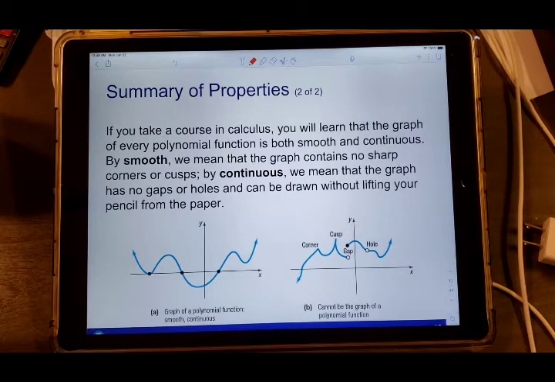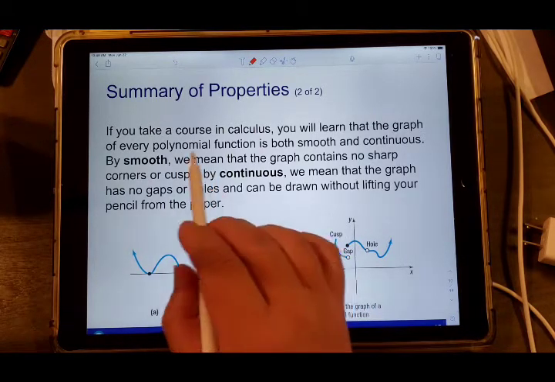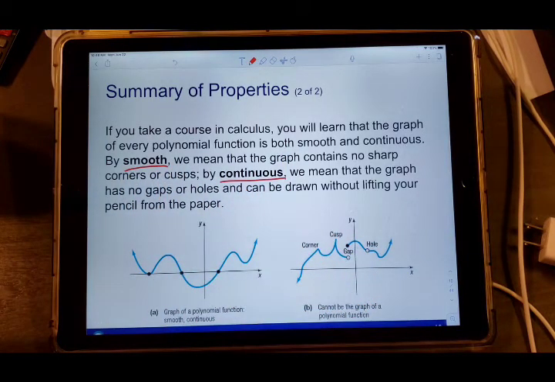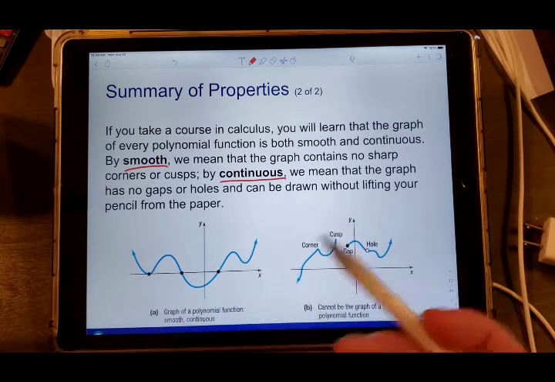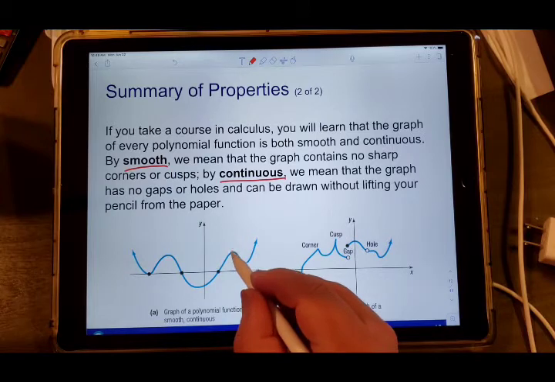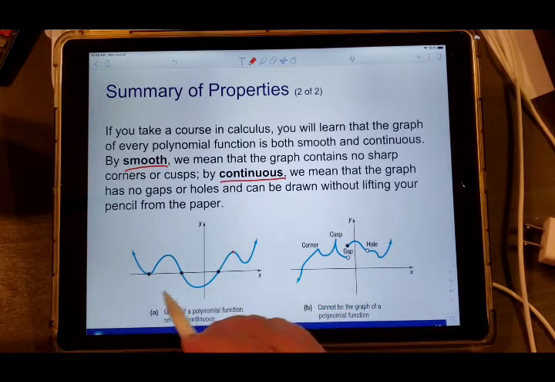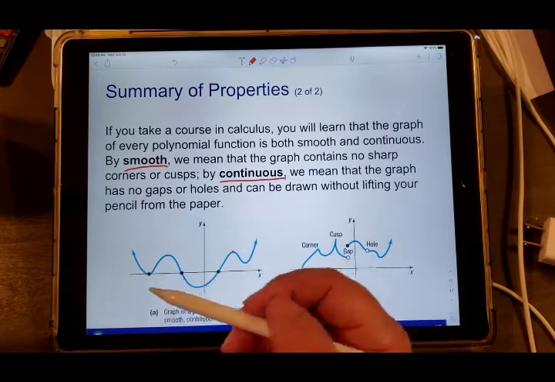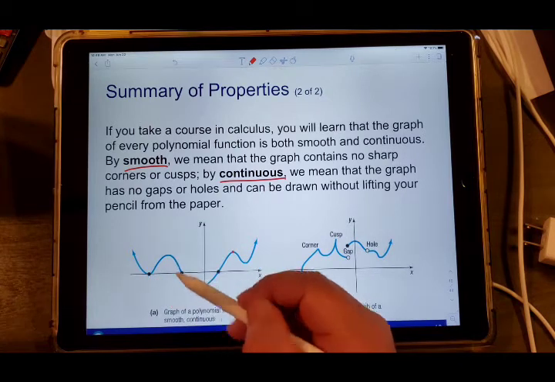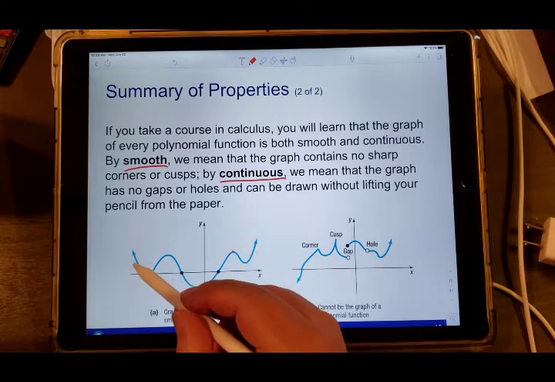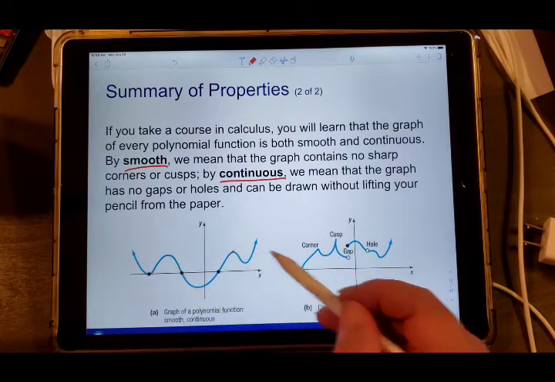They talk about calculus. All right. So in calculus, we don't just deal with functions that are what we call smooth and continuous. We have a way of measuring how smooth, not how smooth, but how, well, I guess, how bendy a graph is. So calculus is in the business of finding turning points and measuring things. But notice how this kind of looks like I just took a rope, a stiff rope, maybe even a wire, and just bent it without breaking it, without kind of cracking it. It's what we call smooth and continuous.